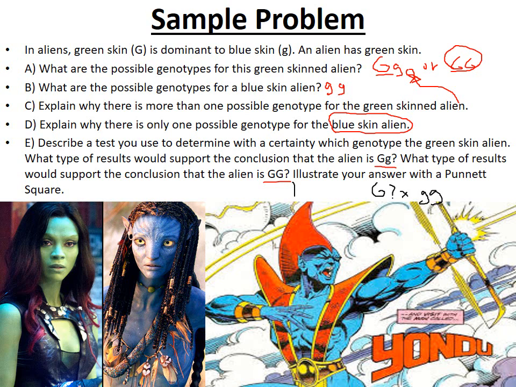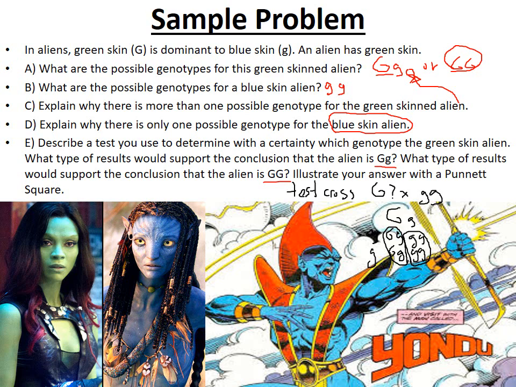A test cross is used to help me figure out what the genotype of my unknown dominant phenotype is. And so if my individual was heterozygous, big G, little g, then what that means is that when I do the test cross, I get big G, little g here, big G, little g here, little g, little g here. 50% of my aliens produced would be blue, and 50% would be green.